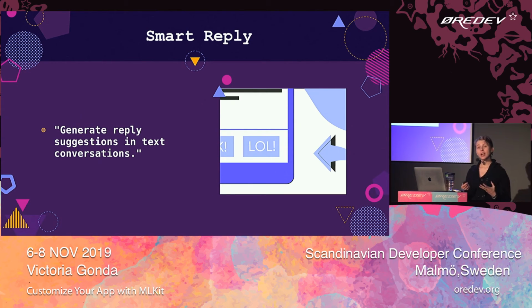It can also be really helpful on devices that have limited input capability. It uses the full context of the conversation and not just the last message, which makes the results a little bit more accurate than if it was just looking at the single last message. Makes it a little bit more usable that way.